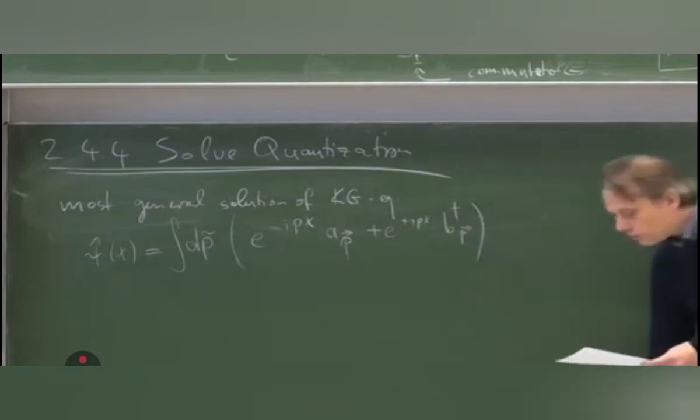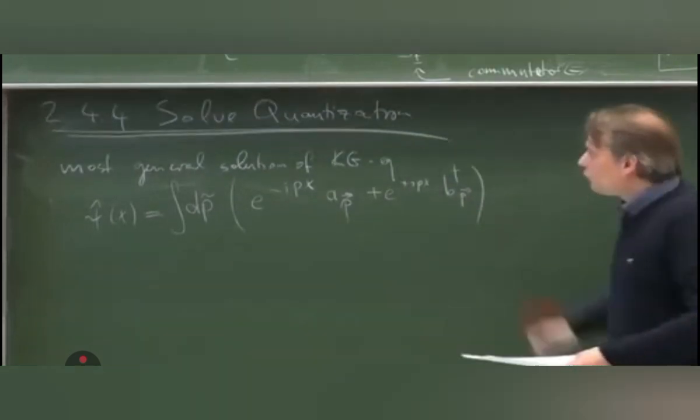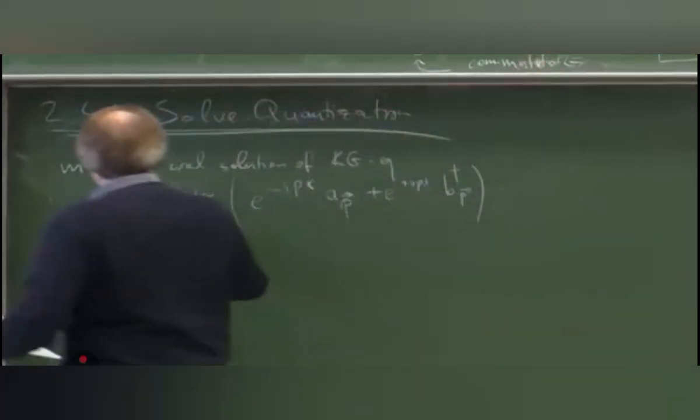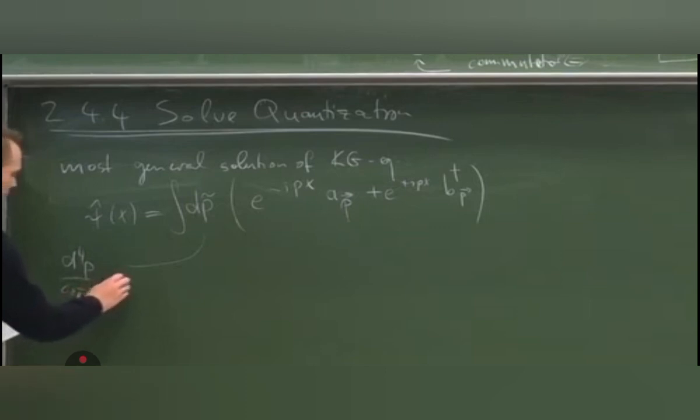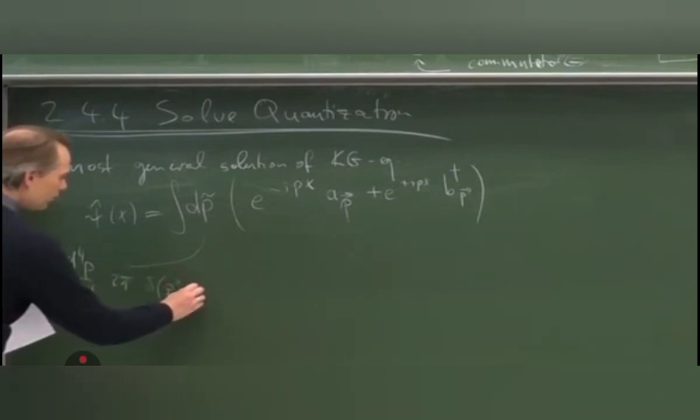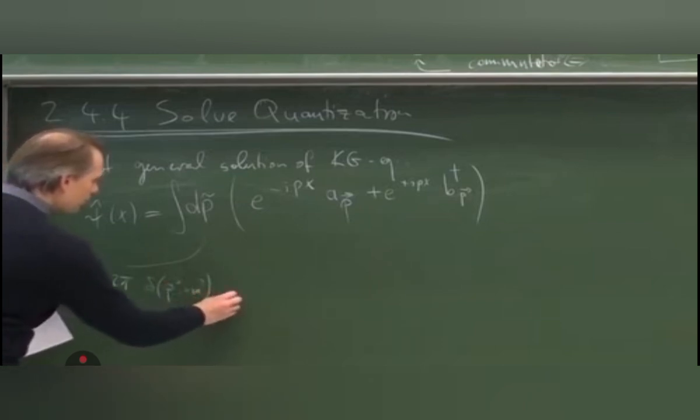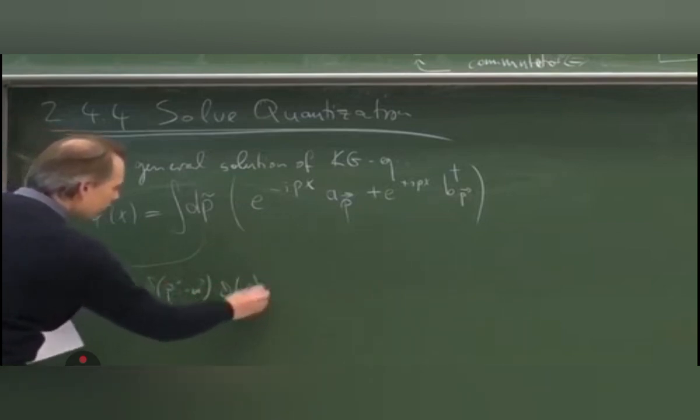That is completely general. And here I say again that this is this Lorentz invariant measure d^4p divided by (2 pi)^4 times 2 pi times delta of p squared minus m squared times the theta function of p0.